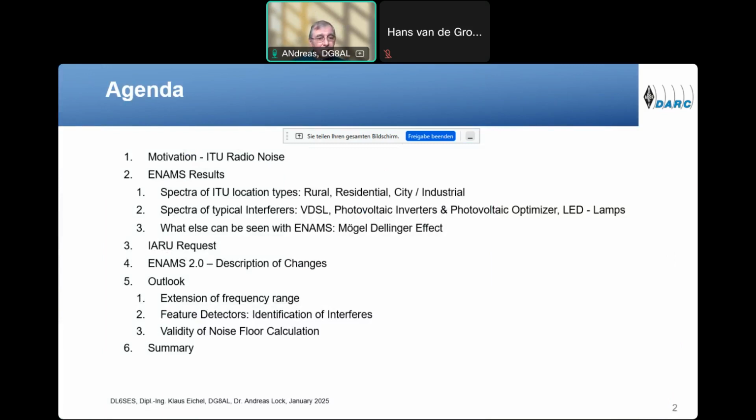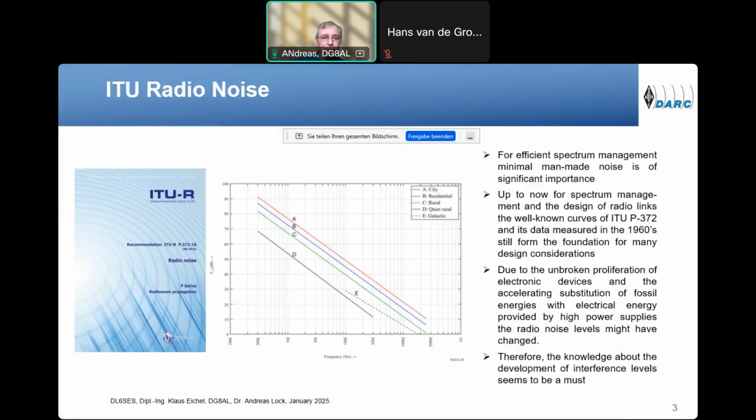So I will touch the IARU request. That was the start of the ENAMS 2 project because we had no receivers more available. And I shortly will give what we plan to do in the Outlook section. And finally, a short summary.